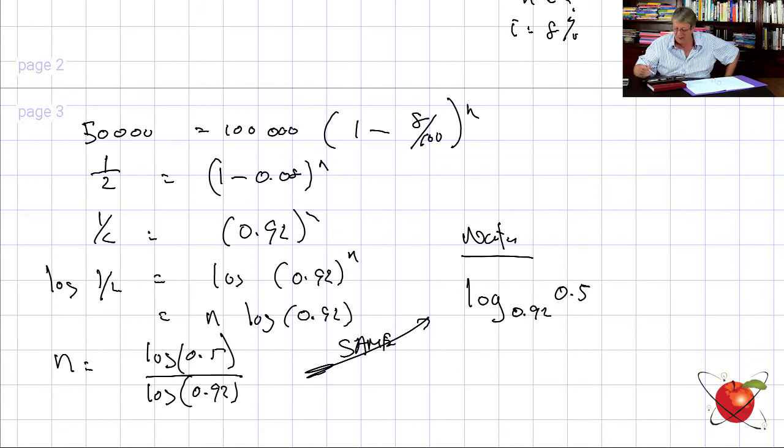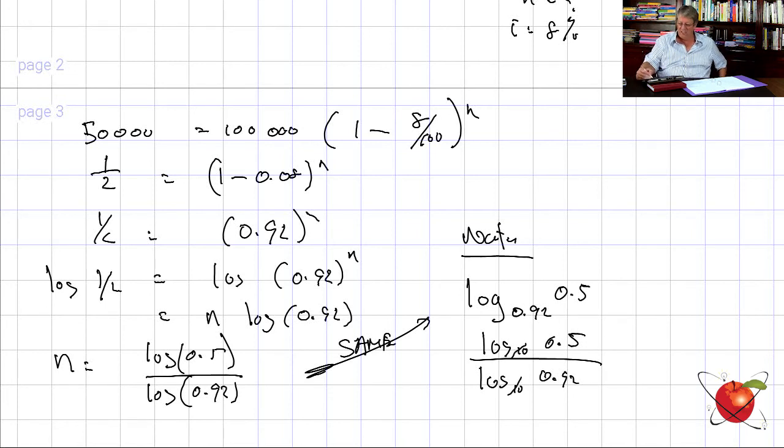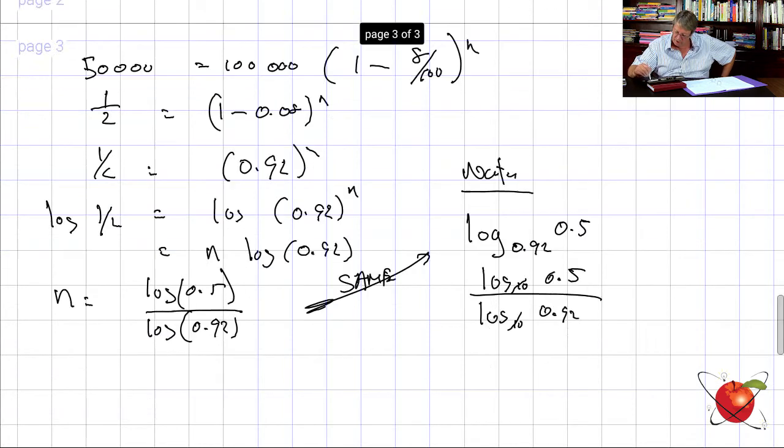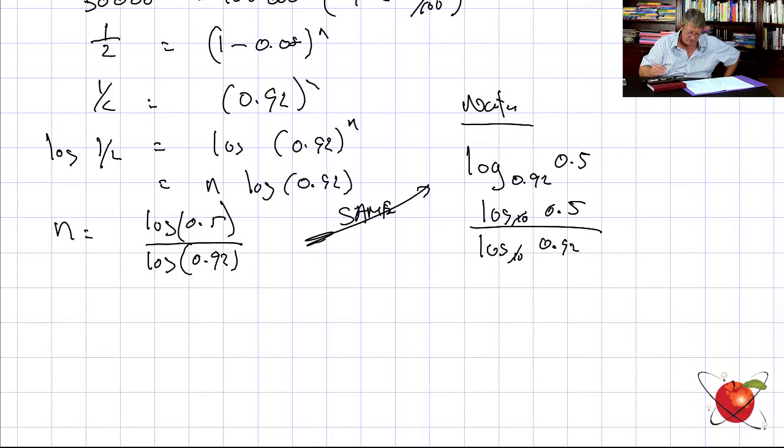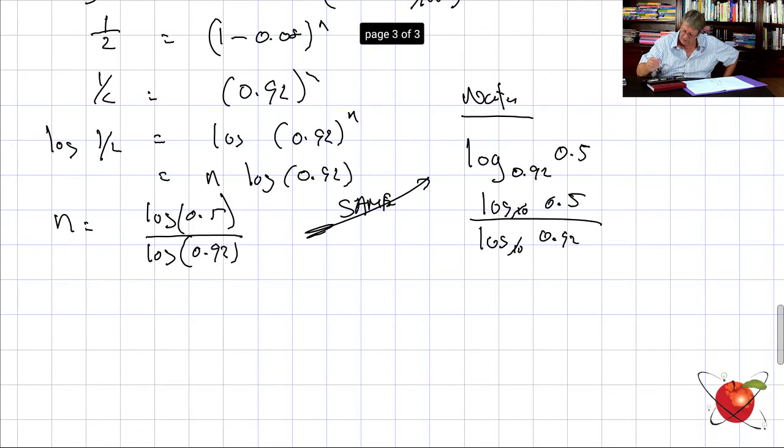We generally don't work with logs to the base 0.92 or anything else for that matter. You would change that to log to the base 10 of 0.5 over log to the base 10 of 0.92, which is that. Why? Because we don't write the 10 in there. That's the change of base formula on logarithms. That is what we use, and my answer comes out to be 8.31 years.